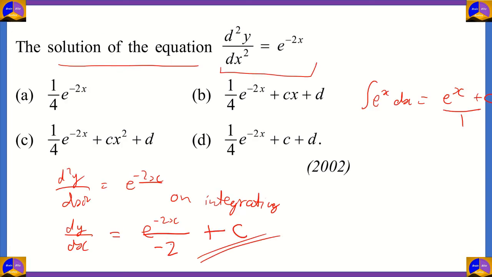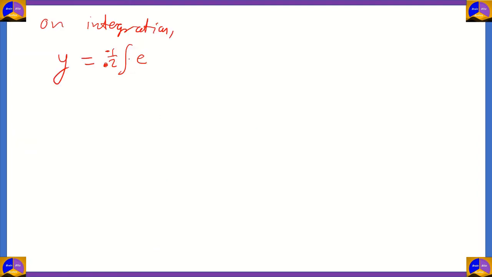But we will not stop there. We will integrate it further. So on integration again, the left hand side will now become y, and the right hand side will be minus 1 by 2 times integral of e raised to minus 2x into dx, and then you already have a plus c, so that is integral of c as well.